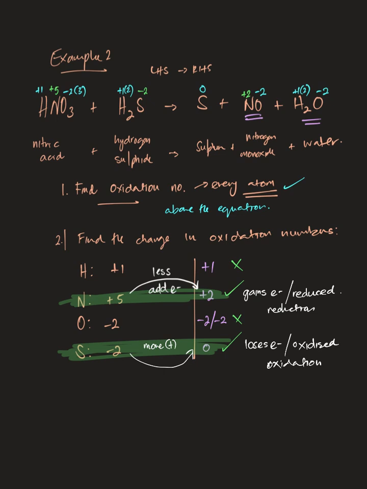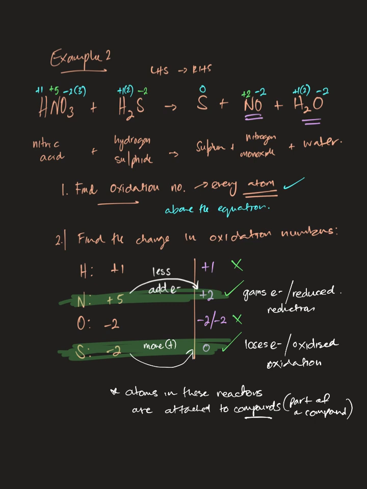Something that gets complicated is that atoms in these reactions are attached to compounds. So they're not freestanding, right? We can say they are part of a compound, and that makes things a little bit complicated.